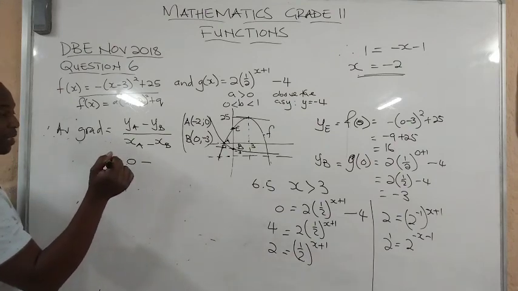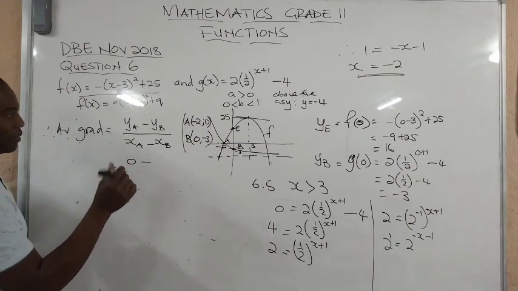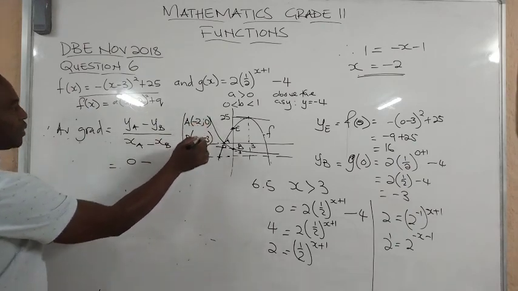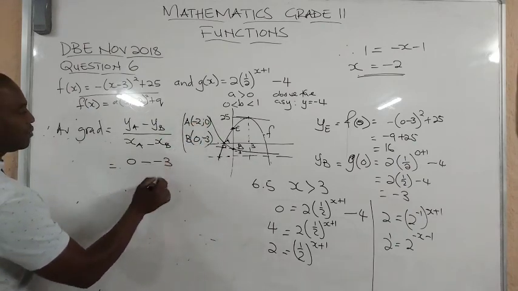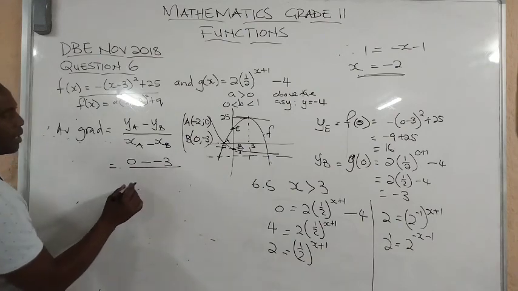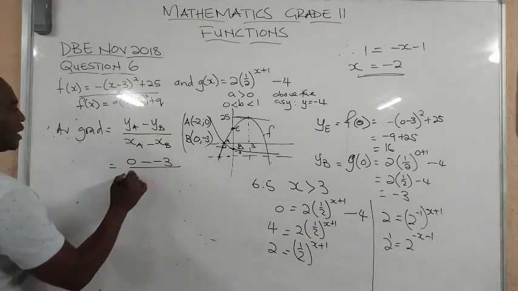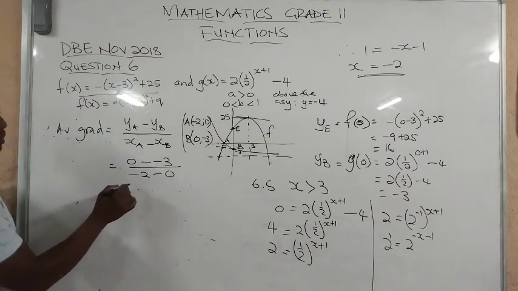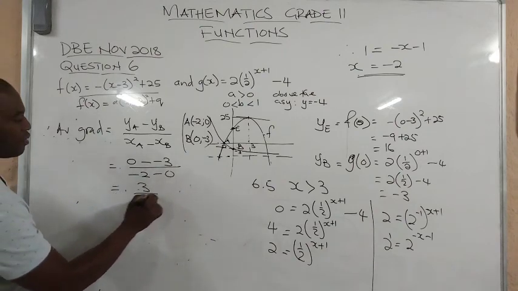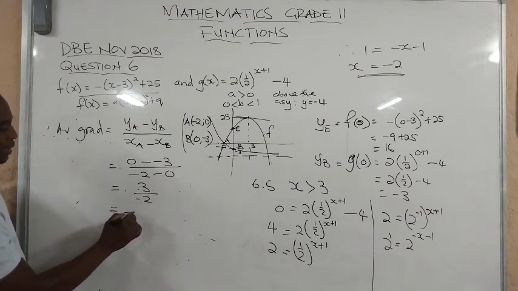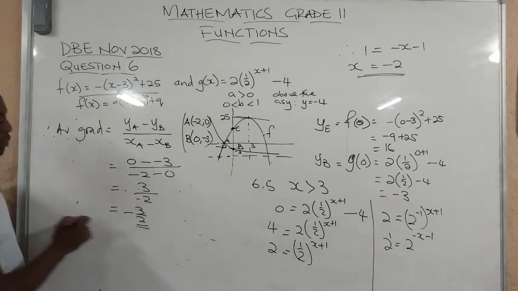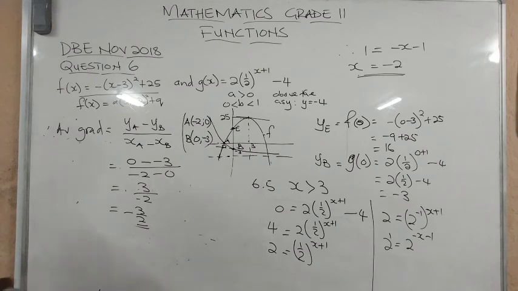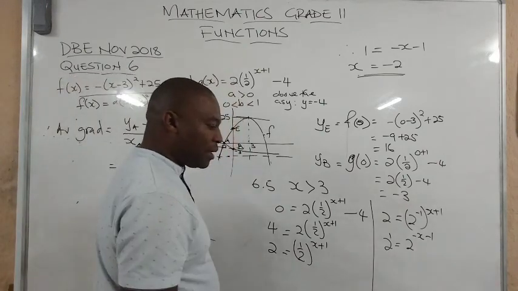I almost made a mistake, which I've just reviewed. So 0 minus negative 3 divided by x at A, negative 2, minus 0. So this will give us 3 over negative 2, which we can write as negative 3 over 2. That's the gradient.